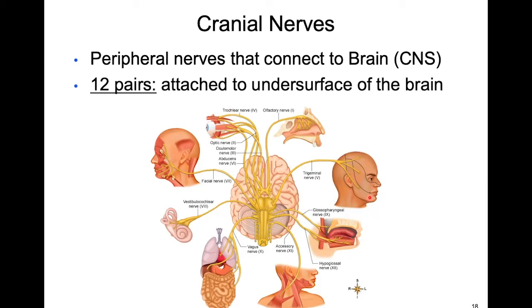Now, the motor component of the trigeminal nerve, which is not highlighted in this diagram, is responsible for activating the muscles of mastication. And so we talked about that 2 weeks ago, looking at the digestive system. Mastication is the process by which we chew our food. And so the motor neurons of the trigeminal nerve innervate the 2 muscles that help us to do that.